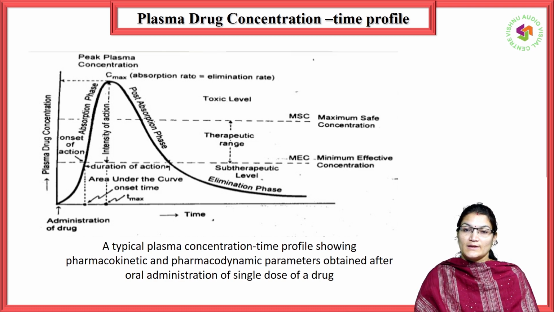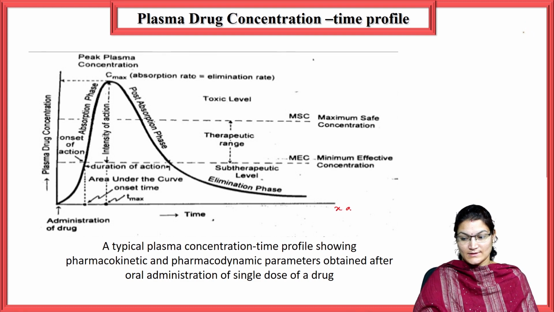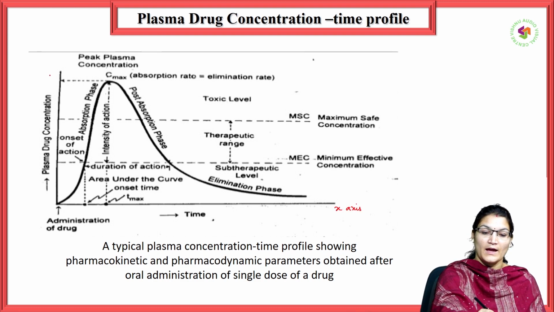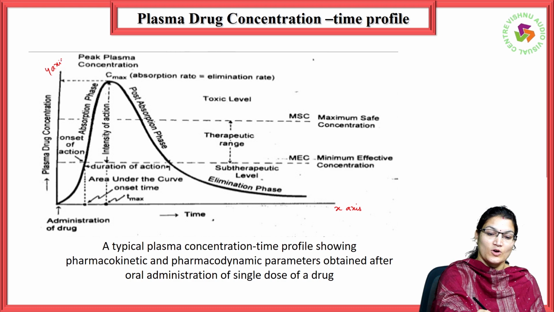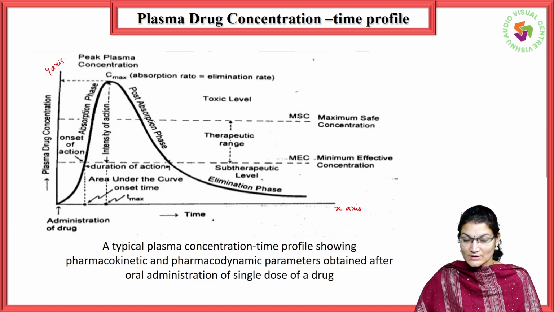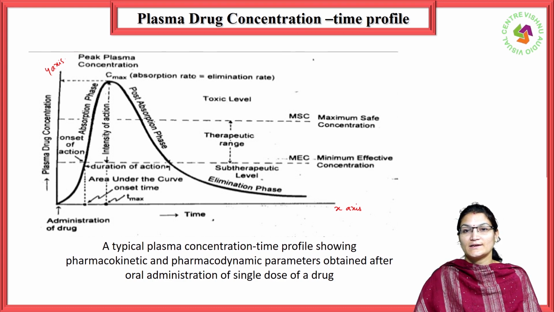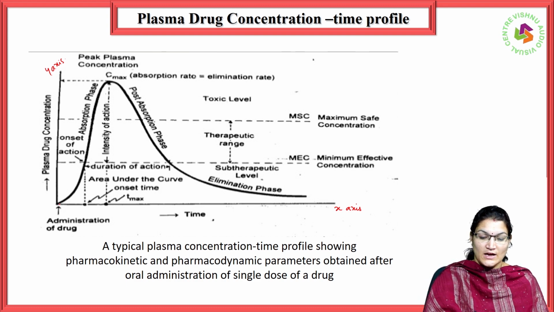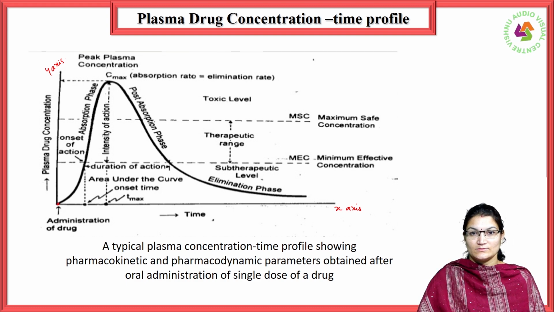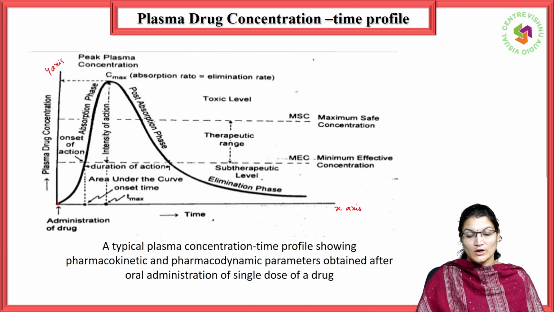Let us plot a graph by taking time on x-axis and plasma drug concentration on y-axis. Plasma drug concentration is nothing but the amount of drug that is available in the blood or in the plasma. For example, let us assume we have administered a drug through the oral route.